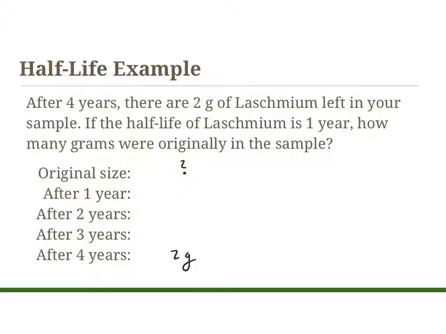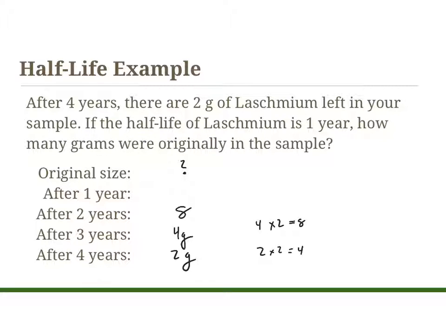So remember that every half-life, I cut something in half. So if I want to figure out how much I started with, I need to go back and multiply things by 2. So I'm going to take 2 times 2 to get 4. So after 3 years, I have 4 grams of lashmium. And after 2 years, I'm going to do that again. So this time I'm going to take 4 times 2, which will get me 8.